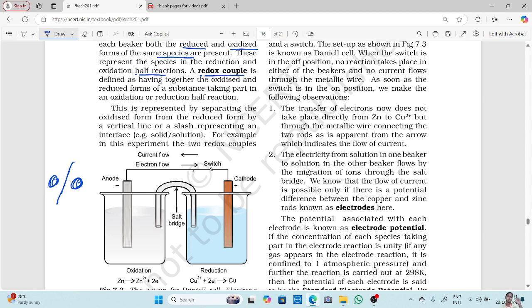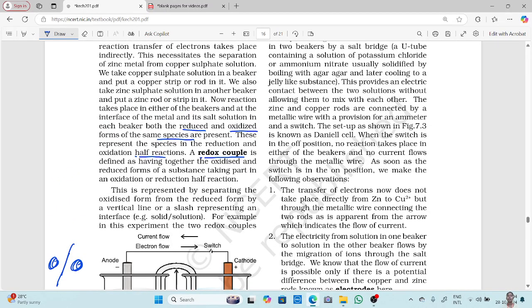What you have to do is put potassium chloride into agar solution. Agar forms a jelly kind of substance. When it is hot, agar is like a liquid. The moment you add it into that U-shaped tube and keep it for cooling, once it cools down, it becomes jelly-like.